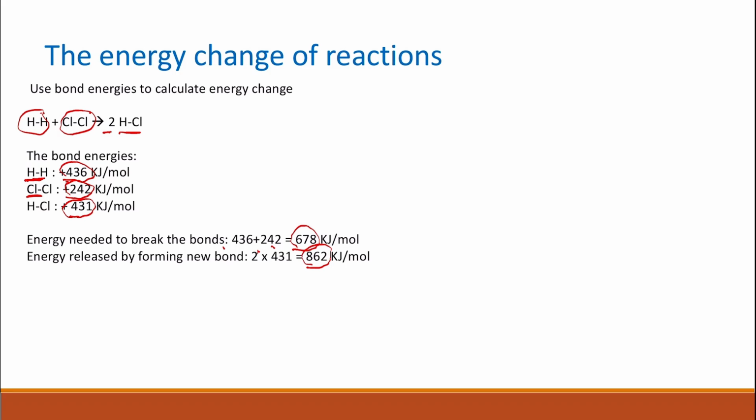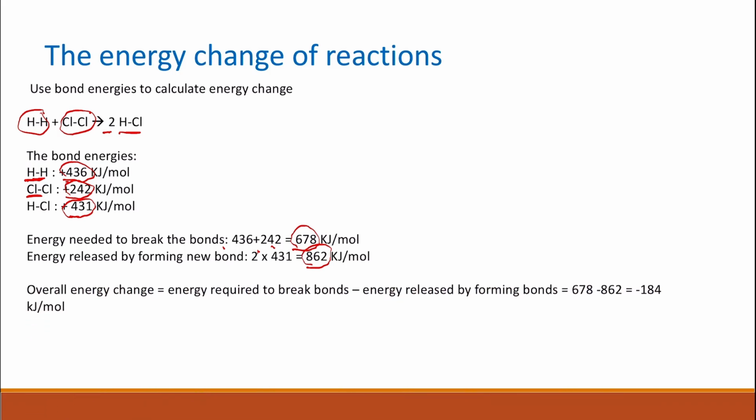Now we need to calculate the energy change. The overall energy change equals the energy required to break the bonds, which is 678, minus the energy released by forming the bonds, which is 862, and this will give you minus 184. Because this value is negative, this is an exothermic reaction.